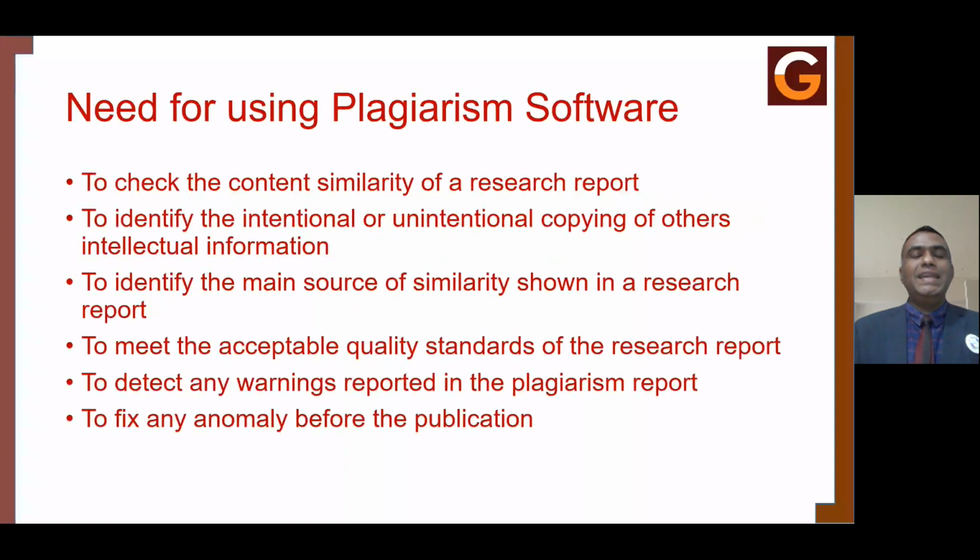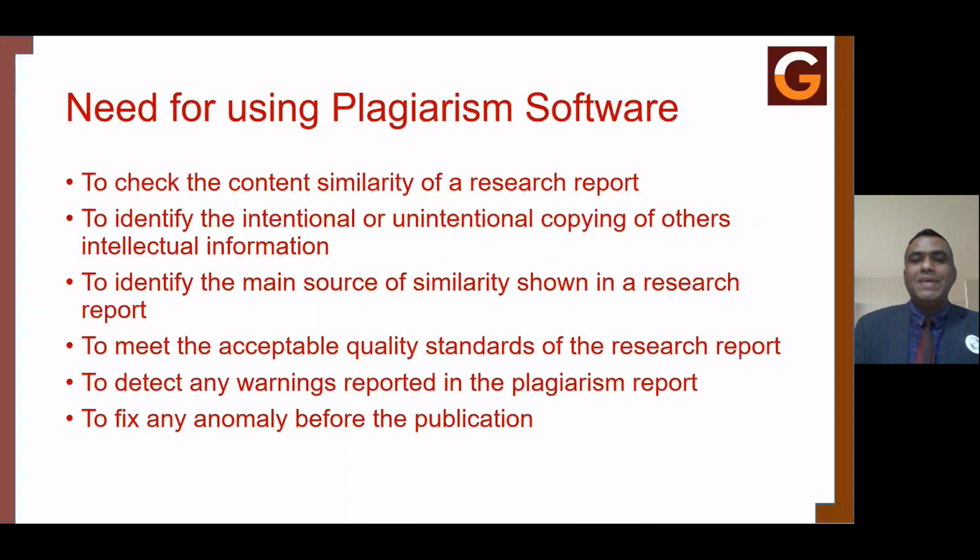So the first need for using any kind of plagiarism software is that it will help us to know the content similarity of our research report. When we talk about content similarity, it is what is mentioned in our report and what is already available in various literature, especially in the online literature. So when we run a plagiarism software, we come to know the similarity between the content of our research report and what is available in the secondary sources.